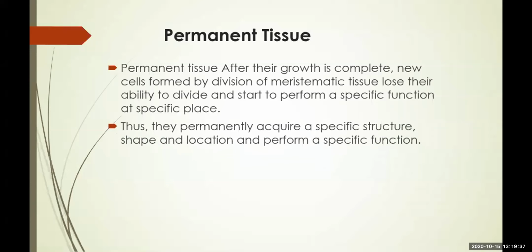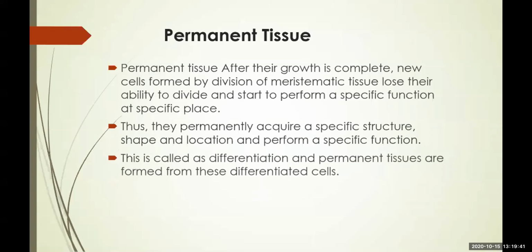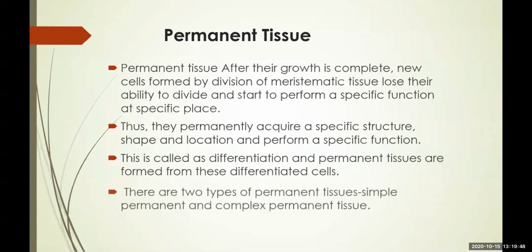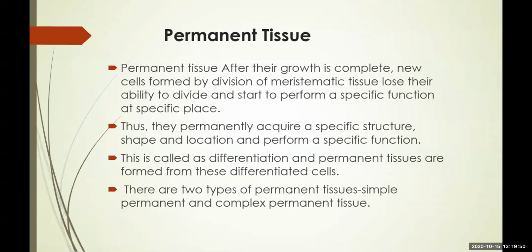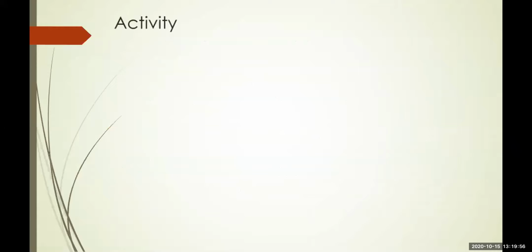Hence, they are called permanent tissue. Permanent tissues are formed from differentiated cells. There are two types of permanent tissues: simple permanent tissue and complex permanent tissue.